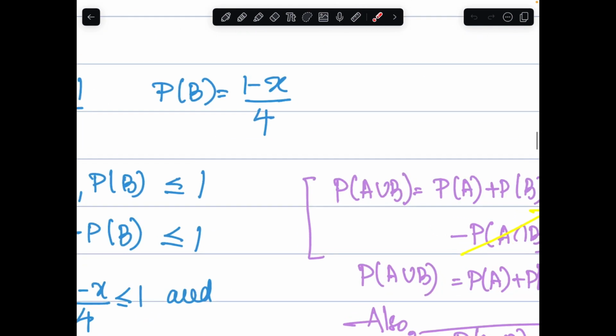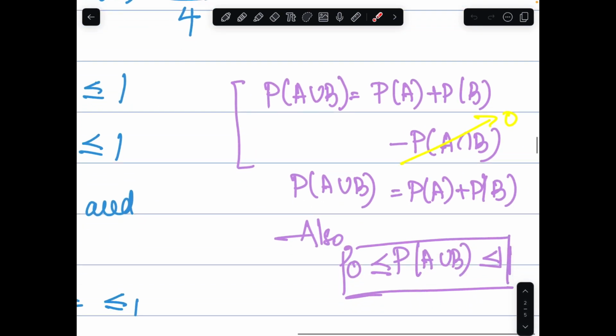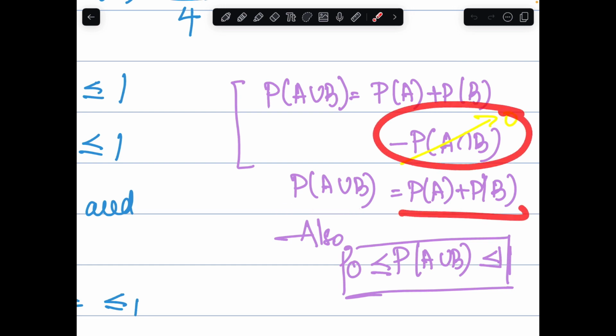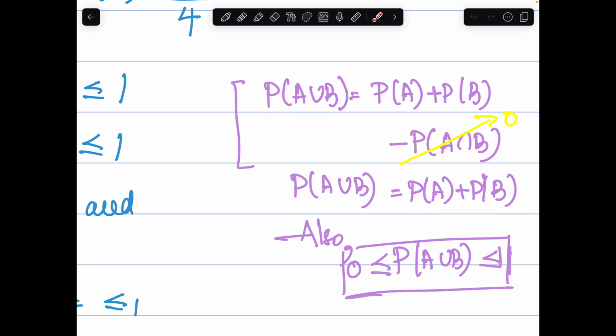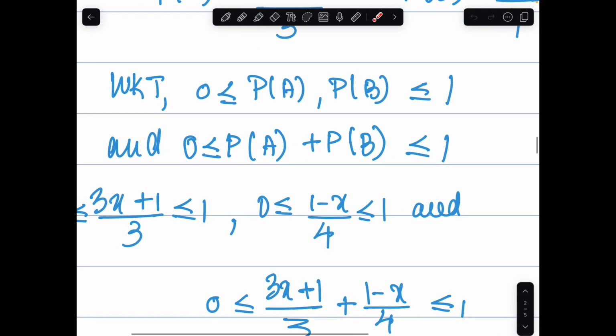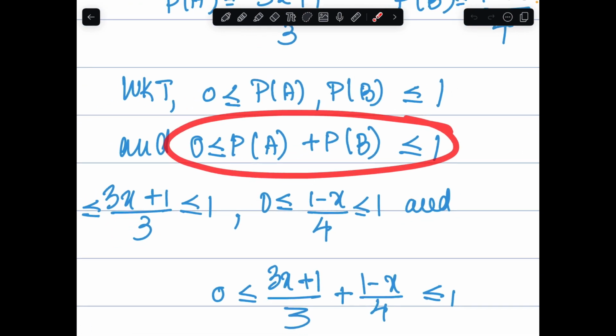I know that probability of A union B is given by probability of A plus probability of B minus probability of A intersection B. So probability of A union B is this, because the intersection term just vanishes. Since this is also a probability, it will also lie between 0 and 1. That's why the sum also lies between 0 and 1, and that's how I got this.